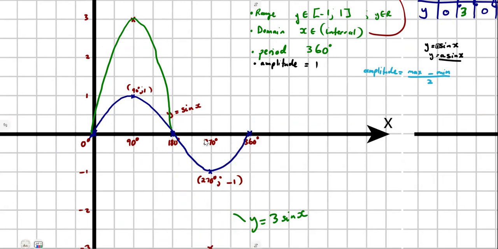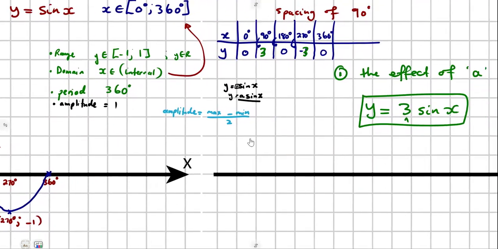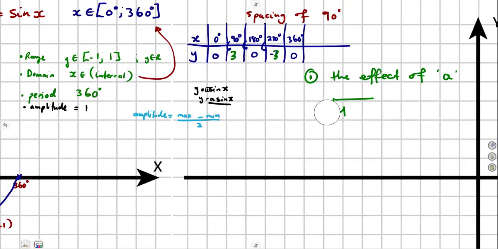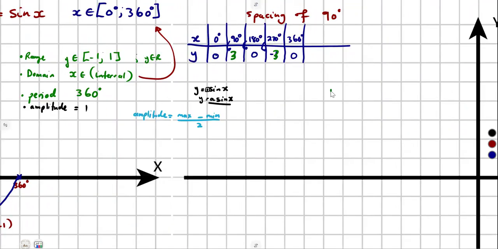Everything, I'm going to refer it back to the graph of a sine, this one, because these are effects from the graph of a sine. So that is why we do not have to redraw even the table there. We can have the effect of Q, which is the vertical shift.